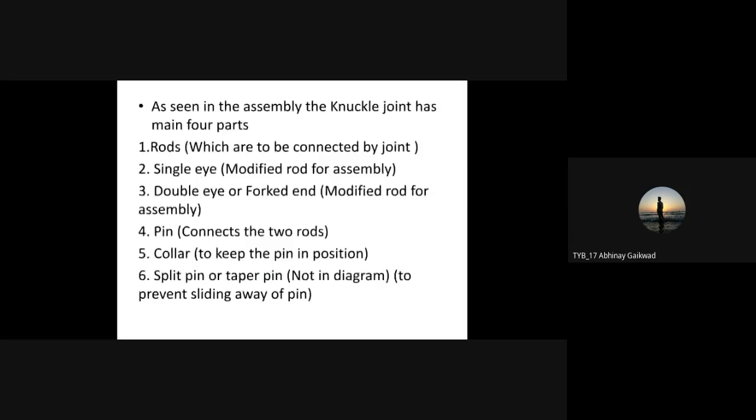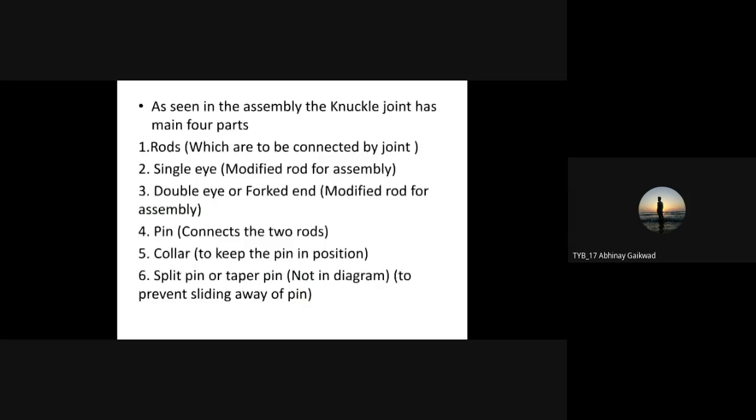Mainly, the first part is the rod, which is again equivalent to the fork. So that rod is important. Second, the single eye section, which is a modified rod for the assembly. That rod end is modified and it has become an eye section.